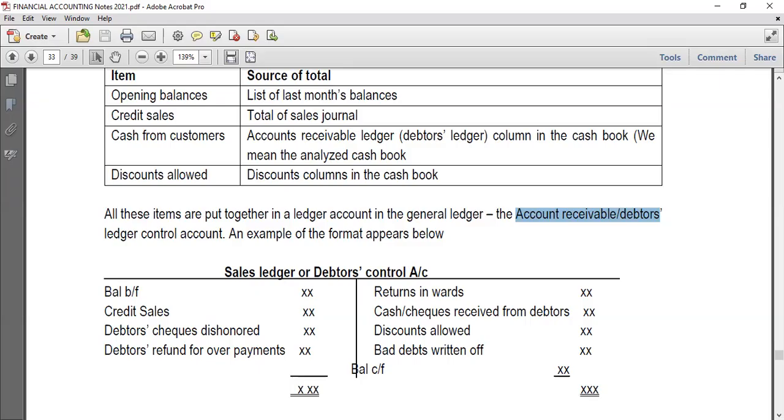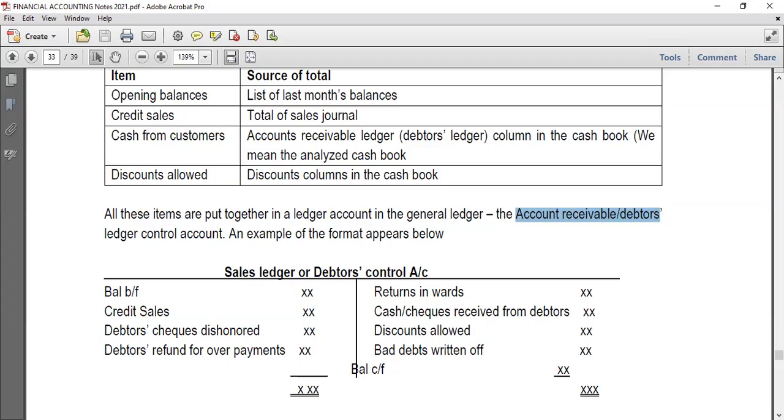But it is basically an alternative account that is controlling the other, making sure that we can use it to make reconciliations of the main ledger, okay? It's like an alternative to the other, okay?